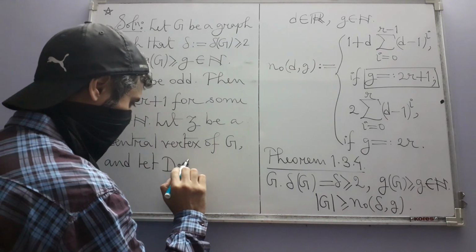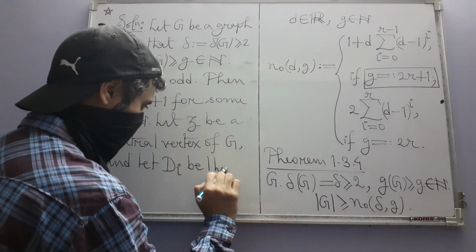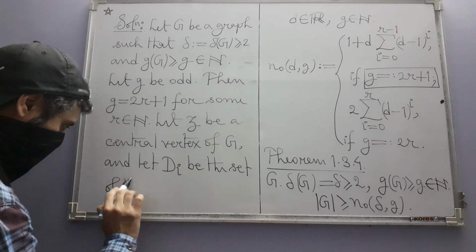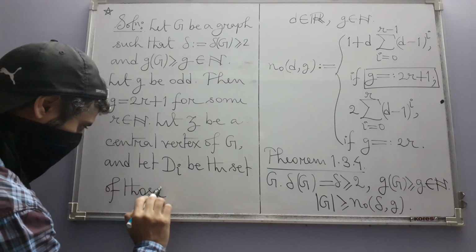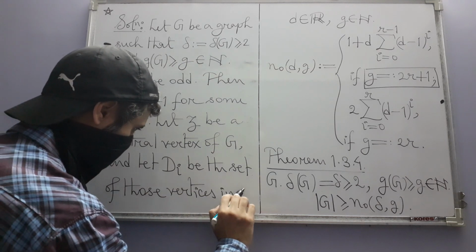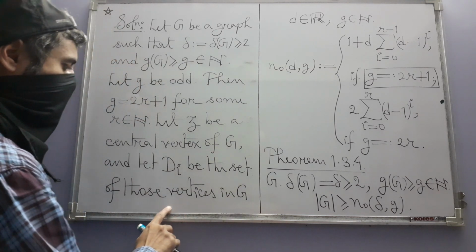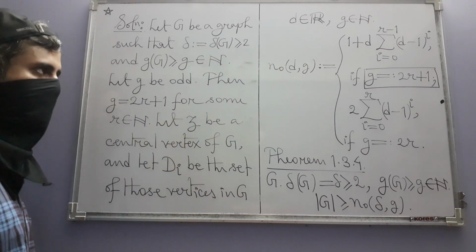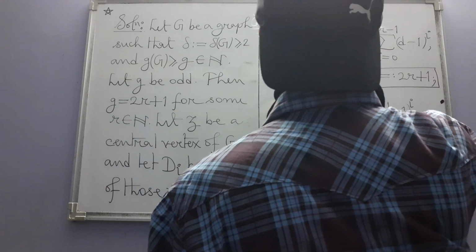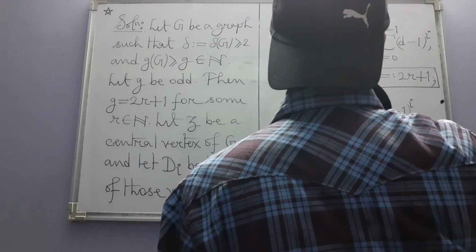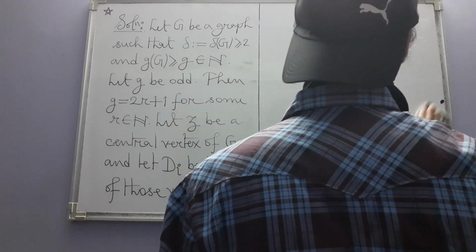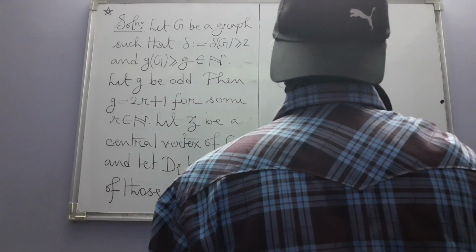Let Di be the set of those vertices in G that are at distance I from Z. So they are I distance away from the central vertex Z.